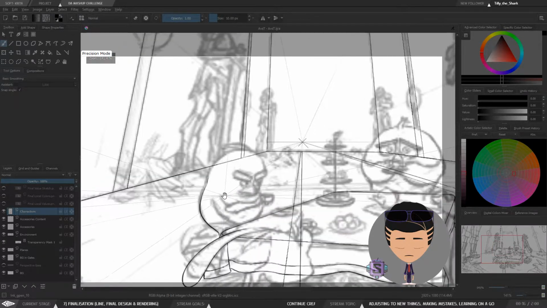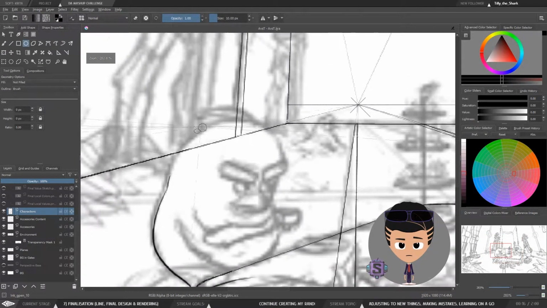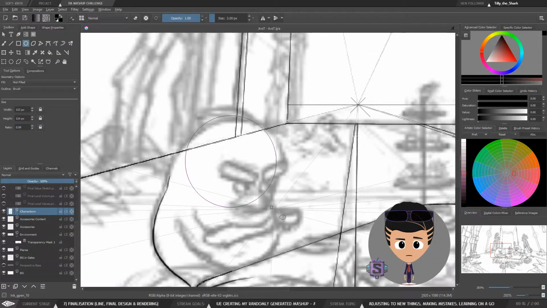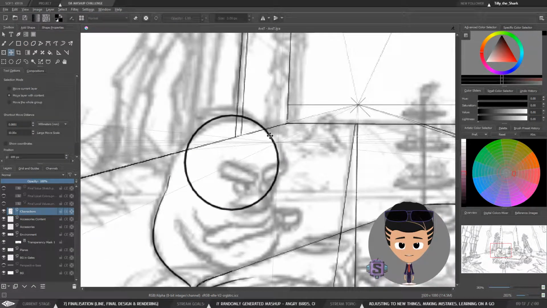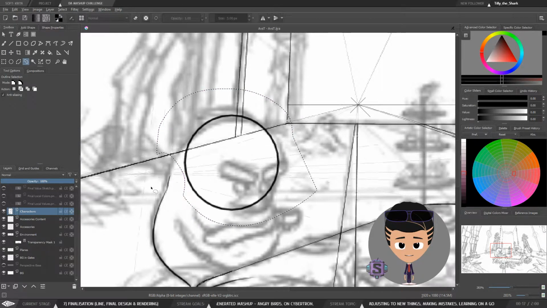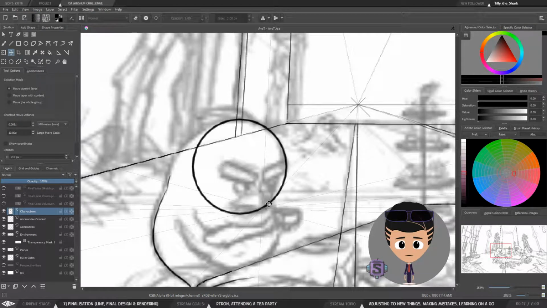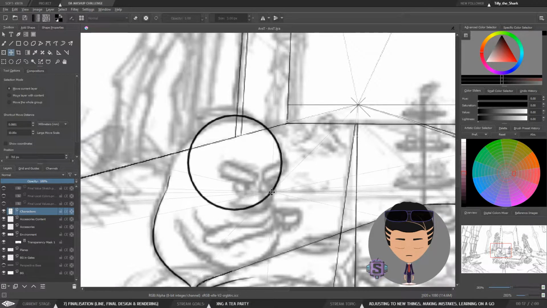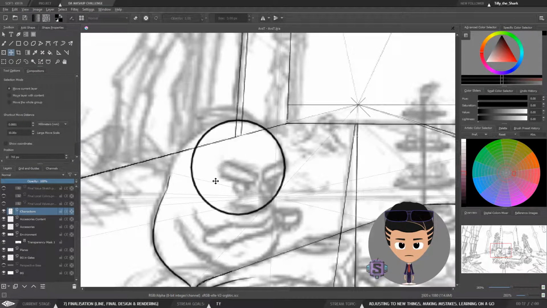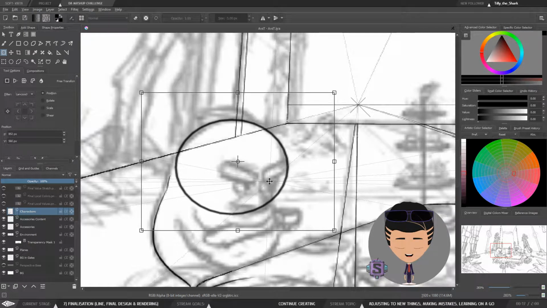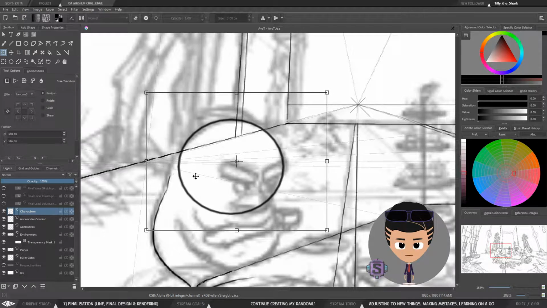Actually, he's almost round in this area. We could use this one too. How round he is though.